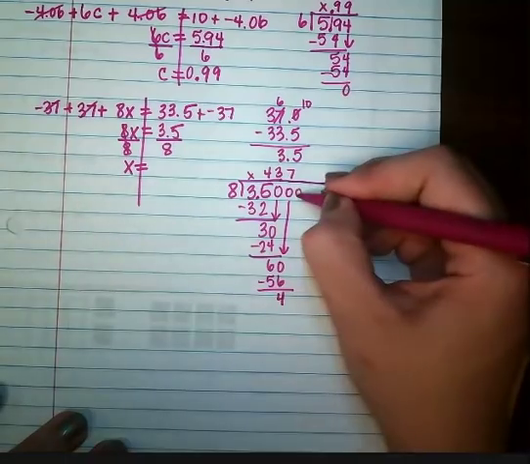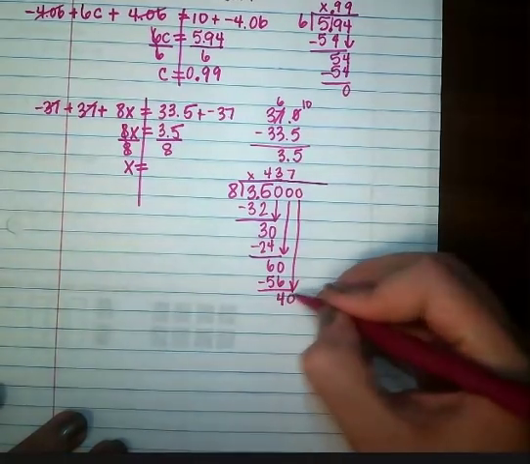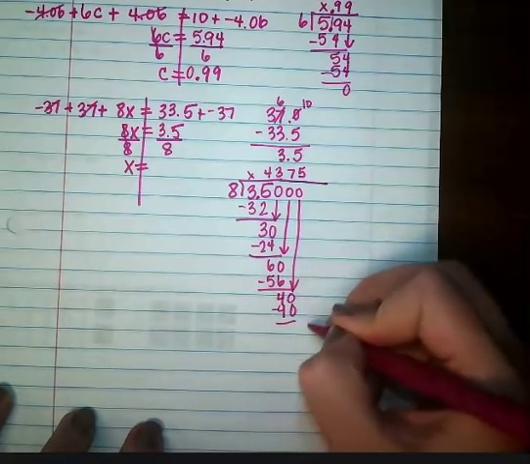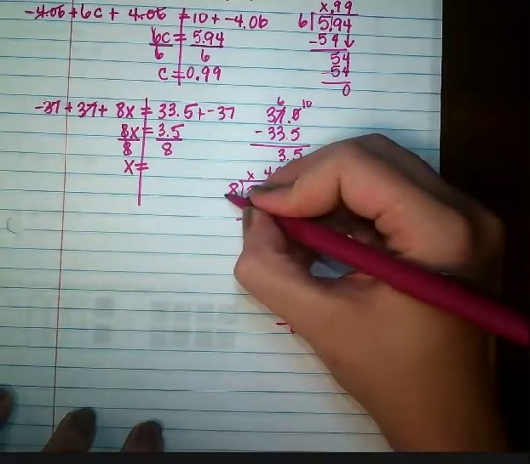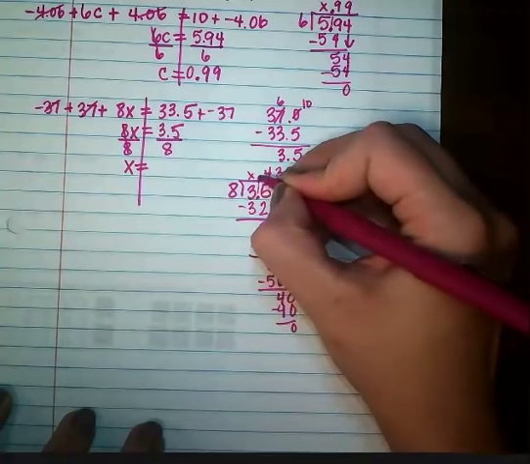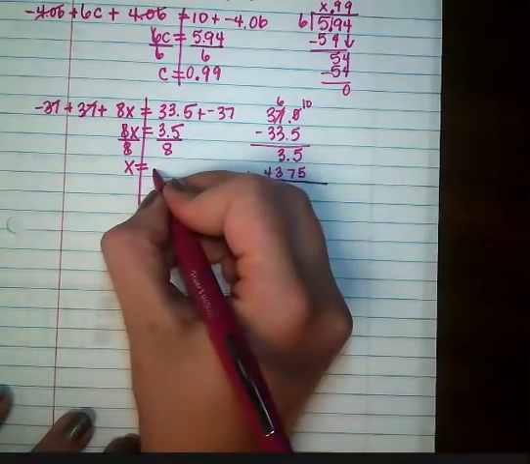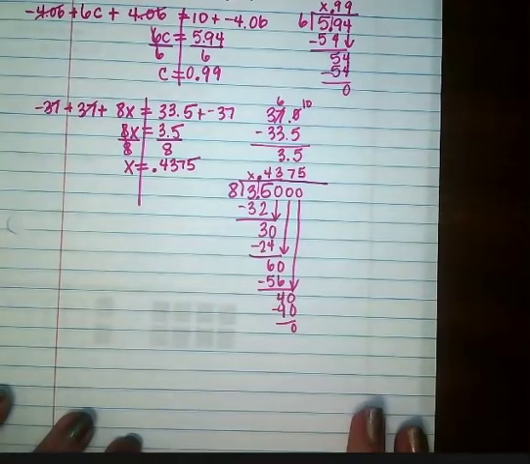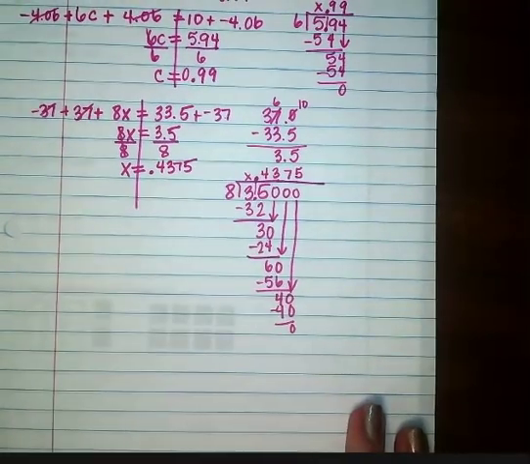And this is the last one. 8 goes into 40 5 times, and that actually ends that decimal. So because there's nothing out here to jump, I just move it straight up, and x is equal to 0.4375. Definitely not a super friendly number, but that's okay.